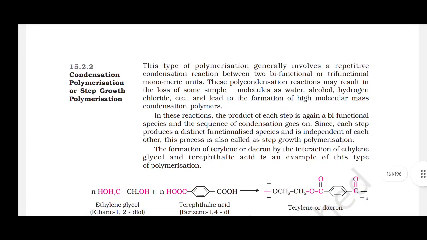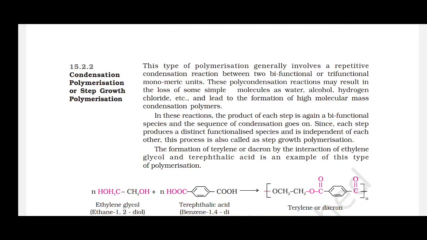Let's move to the next part. Condensation polymerization or step growth polymerization. This type of polymerization generally involves a repetitive condensation reaction between two bifunctional or trifunctional monomeric units. These polycondensation reactions may result in the loss of some simple molecules such as water, alcohol, hydrogen chloride, etc. and lead to the formation of high molecular mass condensation polymers.